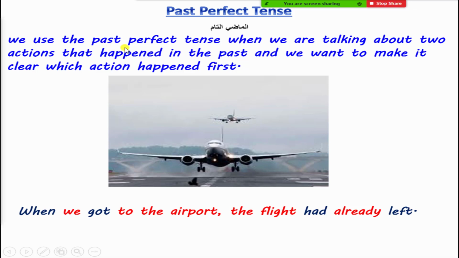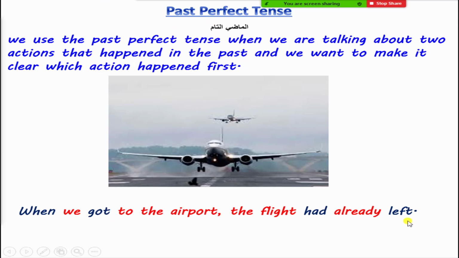We use the past perfect tense when we are talking about two actions that happened in the past and we want to make it clear which action happened first. If you want to know which happened first, we use the past perfect.